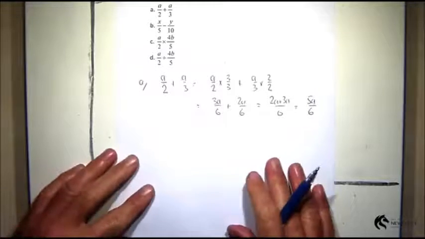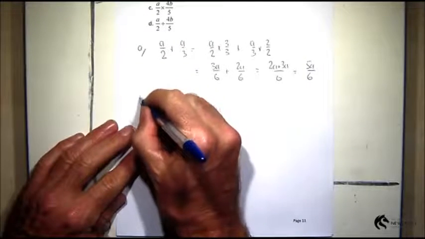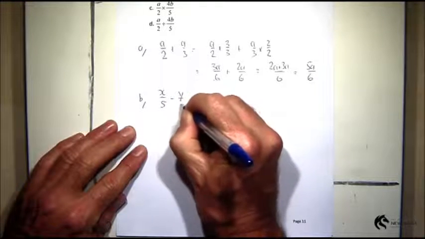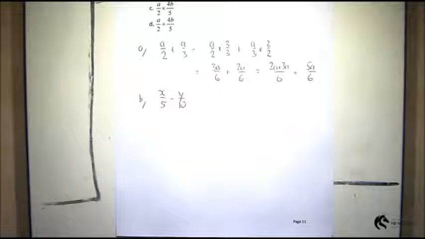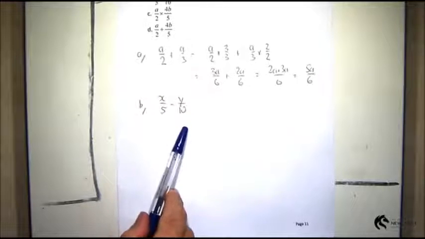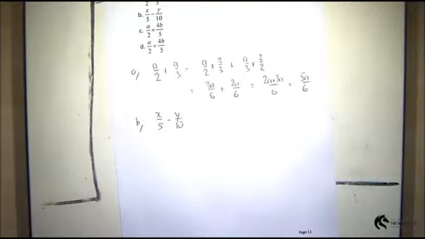Okay, let's do B. B says x on 5 minus y on 10. Now, I'll do this two ways. When you first look at it, you might say, oh look, common denominator is going to be 50, 5 times 10. We could do that.